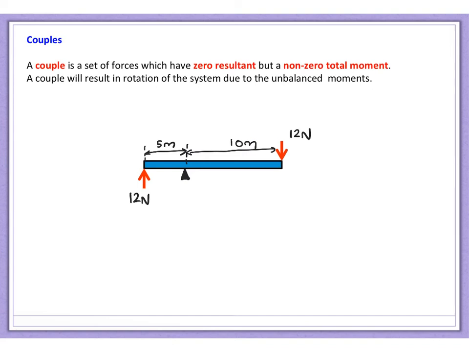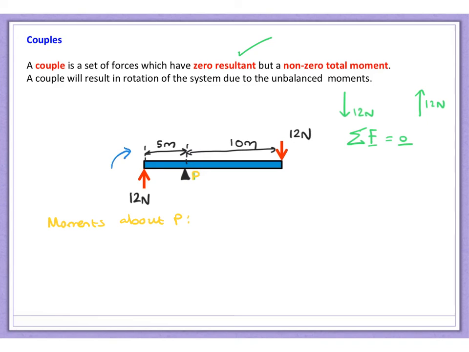Now, let's have a look at the information in the question. We have 12 newtons acting downwards, we have 12 newtons acting upwards, which means that the total resultant force is 0. So the forces are in fact balanced. Now, what about the moments? Well, let's take moments about this point P. So looking at the two forces, pinning down point P, imagine the force on the left, the 12 Newton force, it's going to produce a clockwise moment like this.